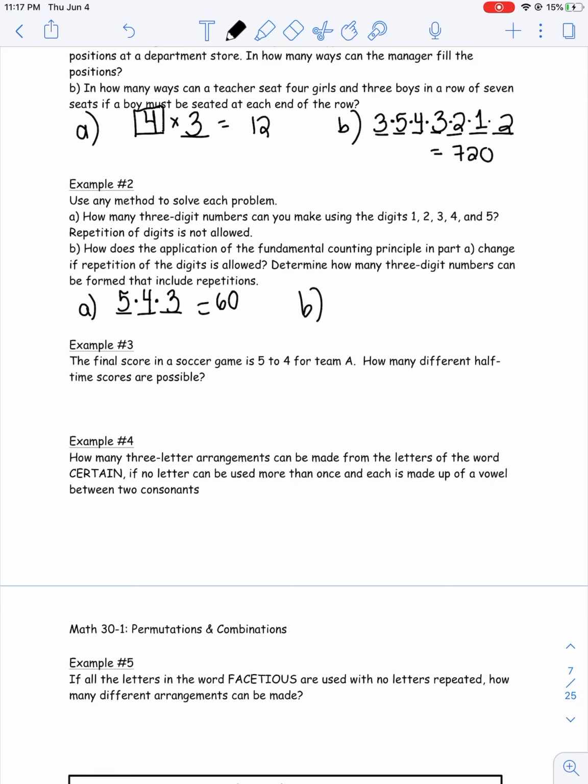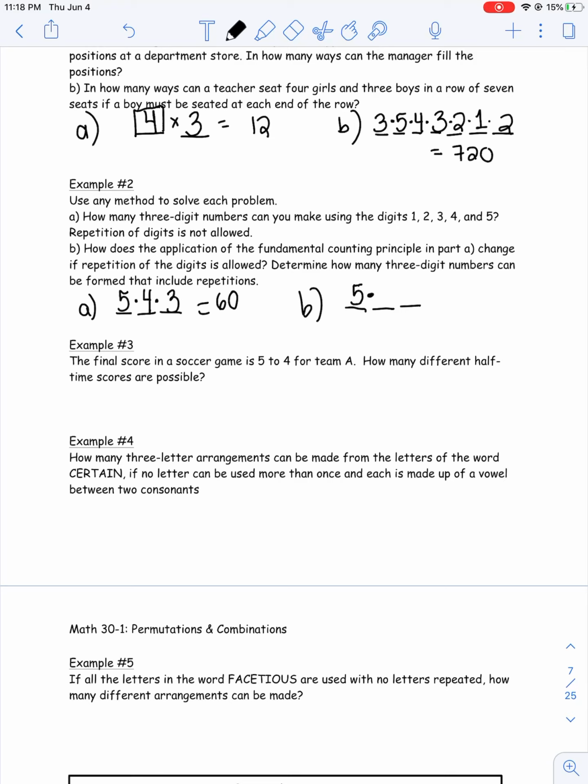For B, now they're saying, how would it change if repetition of digits is allowed? Determine how many 3-digit numbers can be formed that include repetition. So now we can use all these numbers again and again. For example, the first spot, we still have 5 choices because we can use numbers 1 through 5.